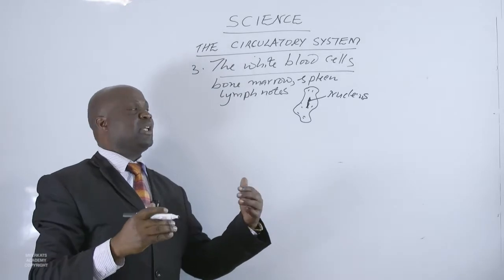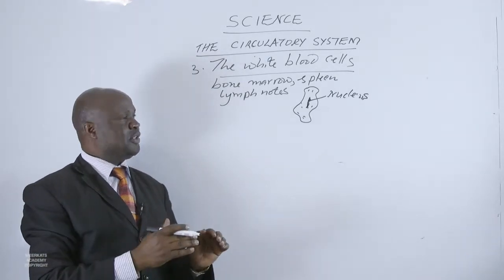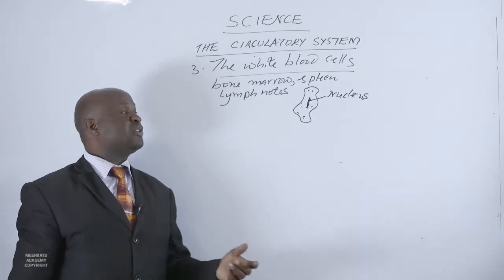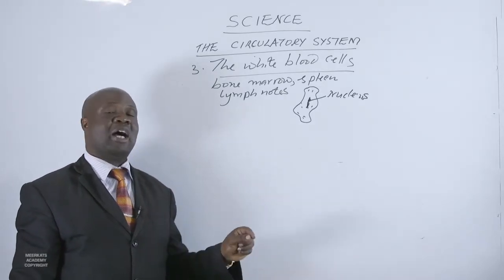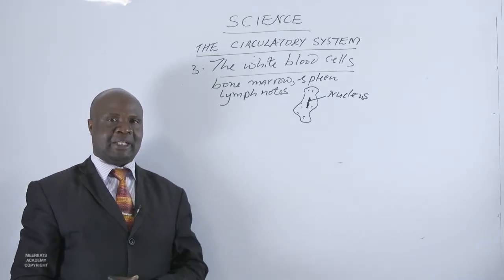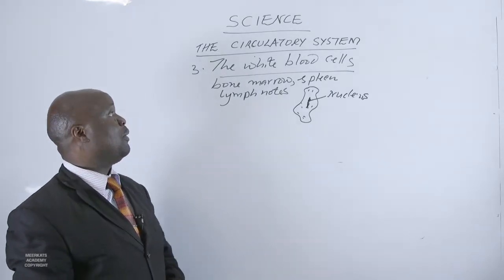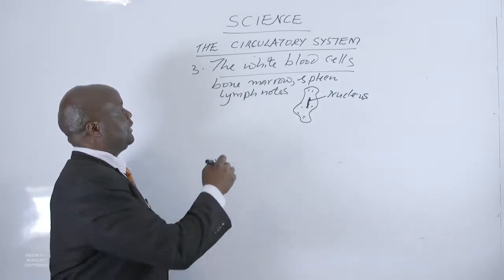The cytoplasm keeps on changing its shape. Their shape is not fixed. Maybe it keeps on changing its shape because of its functions, but they do have the nucleus unlike the red blood cells. So we are asking ourselves, what are the functions of these white blood cells?